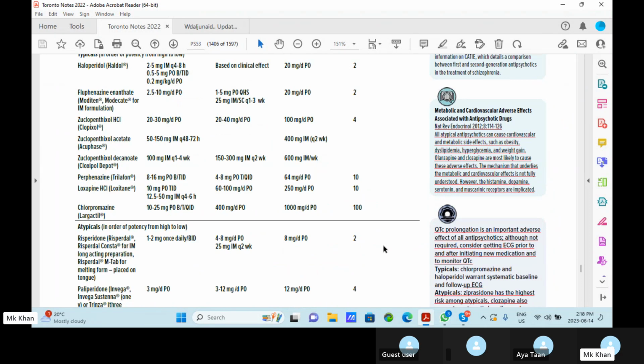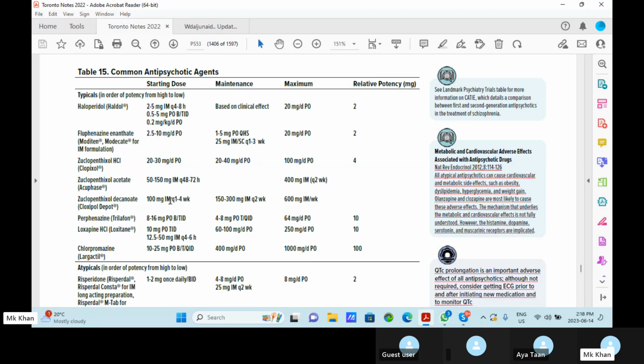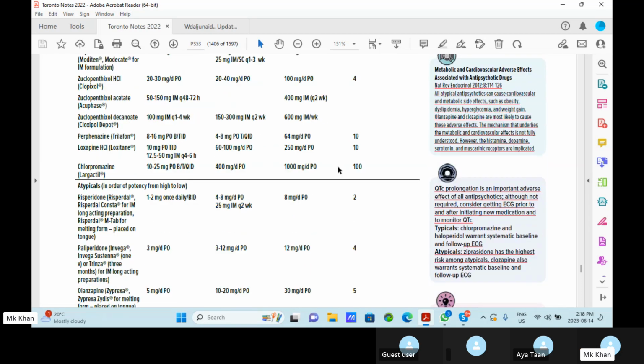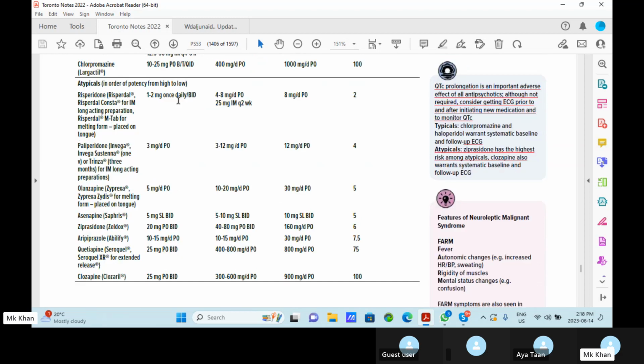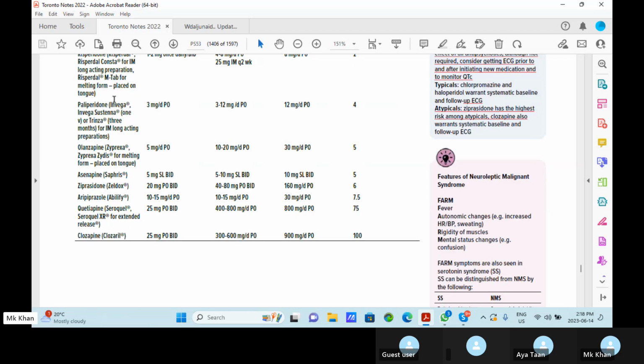And then the typical ones are haloperidol and all these, but these are just the doses and the maintenance. And then the second generation ones that have the metabolic side effect, risperidone. So these are the available forms. Then this one, paliperidone, olanzapine, and ziprasidone and all this.